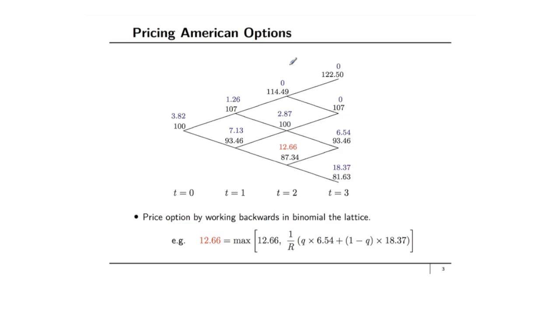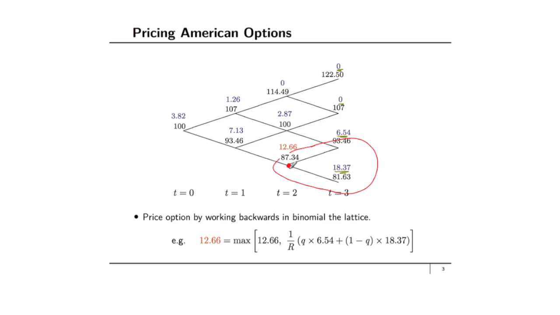So here's an example of how we do these calculations. We know the value of the American option at t equals 3. It's 0, 0, 6.54, 18.37. We're going to work backwards 1 node at a time. Let's consider this piece here, and suppose we're down at this node and we want to figure out how much the option is worth.